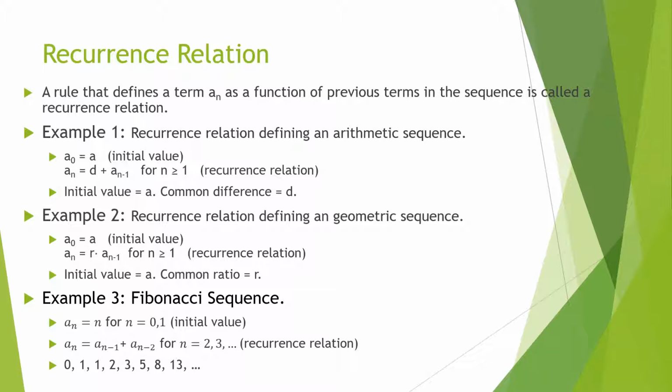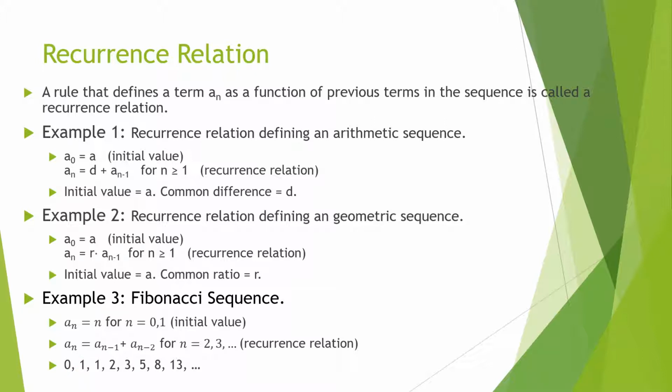So this is how the sequence looks like. The first two terms are equal to 0 and 1, because a_n should be equal to n for n equals 0 and 1. Then the third term with index 2 would be equal to the summation of the two previous terms, 0 plus 1, which is 1.